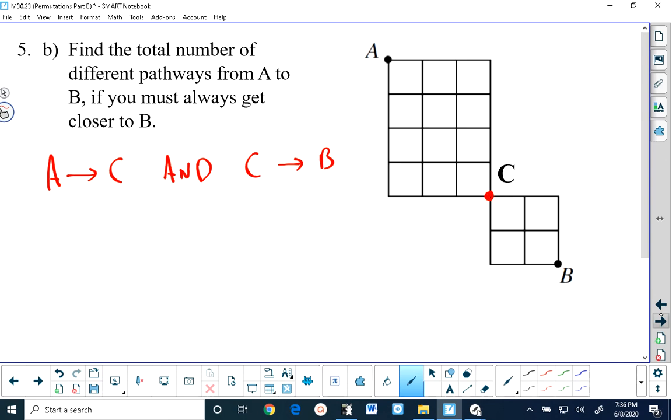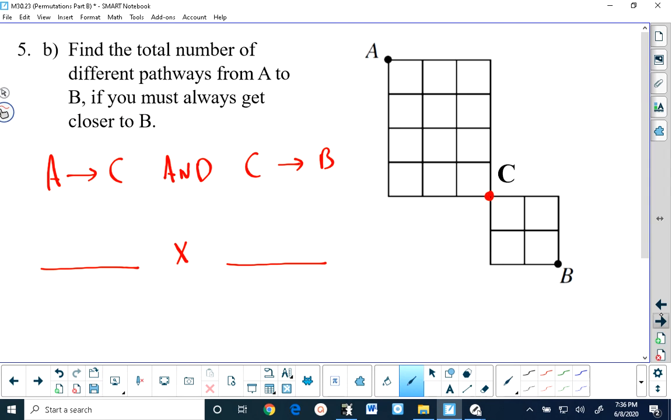To find out the number of ways Bobby Bear can get dressed, we had to take the number of ways to choose a shirt and multiply by the number of ways to choose a pair of pants. To find out how many ways to go from A to B, you have to take the number of ways to go from A to C and multiply by the number of ways to go from C to B.